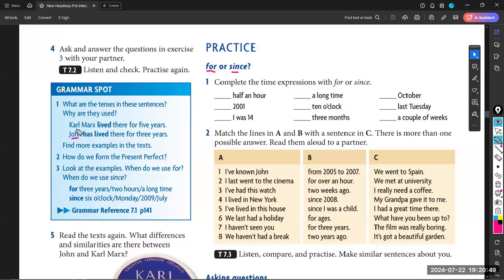The difference is, let me ask you this question, Zainab, is that you? Jamila. Okay, Jamila. Is Karl Marx still alive now? No, he isn't. He died. Now let's talk about John.